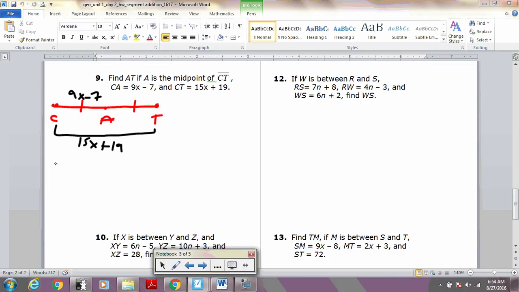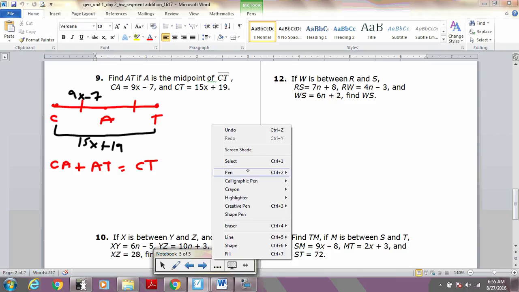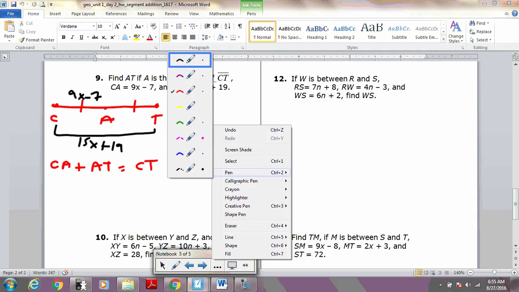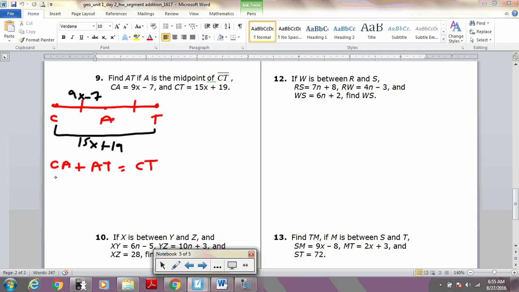So we're going to use the equation CA plus AT is equal to CT. Now, when I substitute the algebraic expressions, what you should realize is I don't have AT, but you don't need it because you have CA as 9x minus 7, and AT and CA are the same, so I can write 9x minus 7 again.